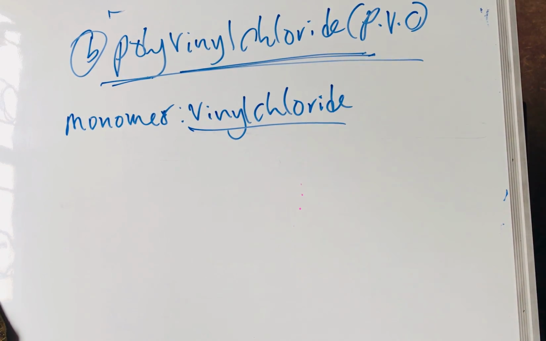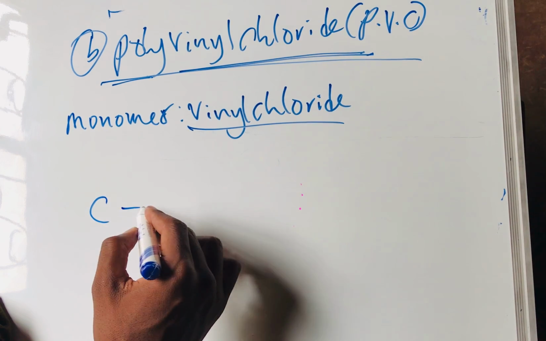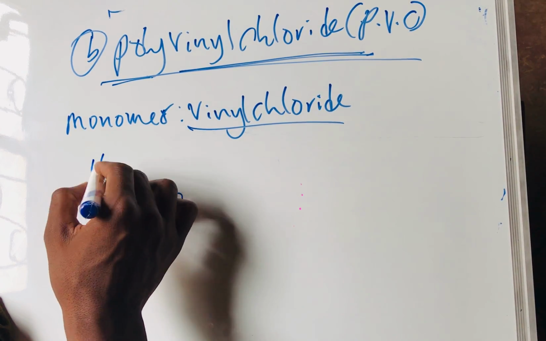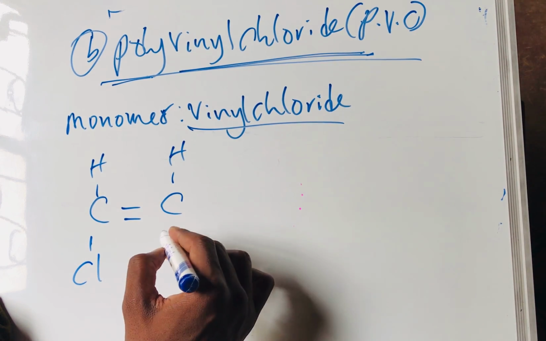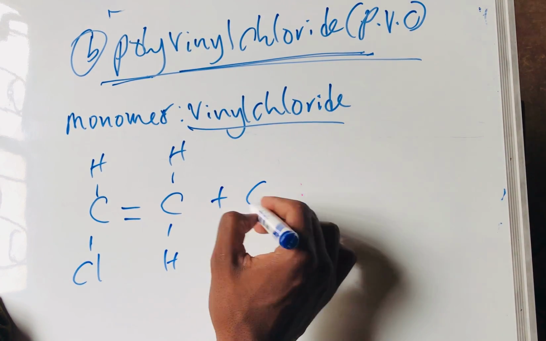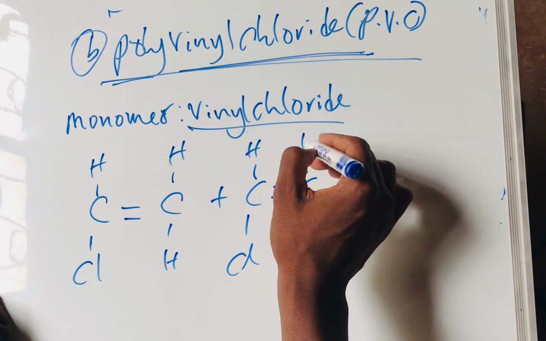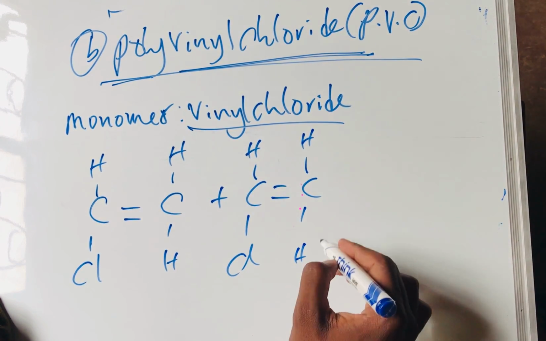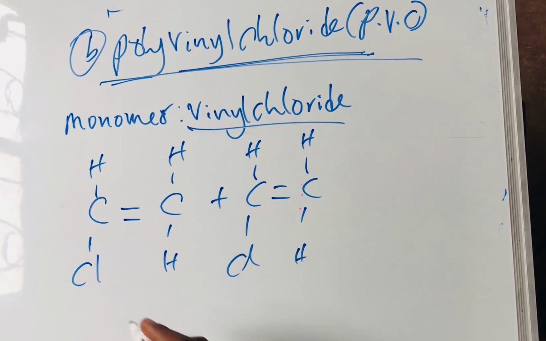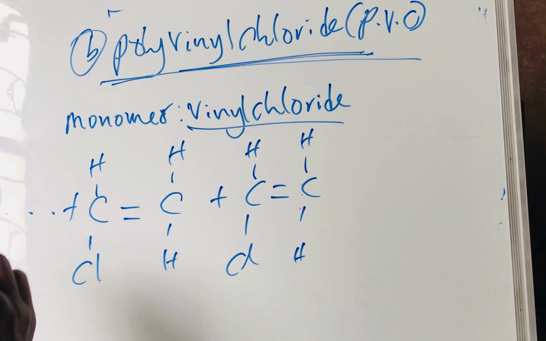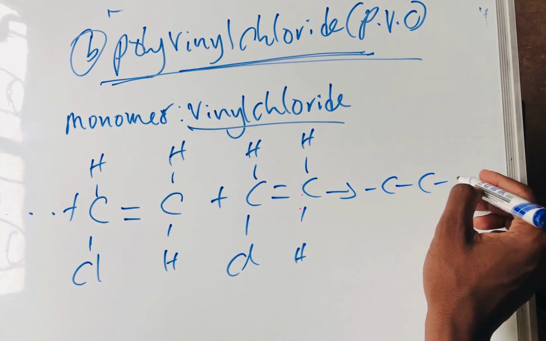What is the structure of vinyl chloride? Okay? So we are joining many of them that look like this to form something that looks like this.